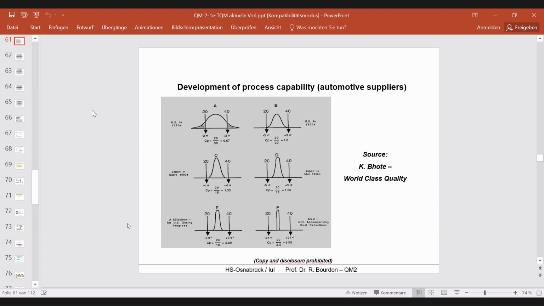Not in every case is it possible, but this has to be proved in practice in audits.